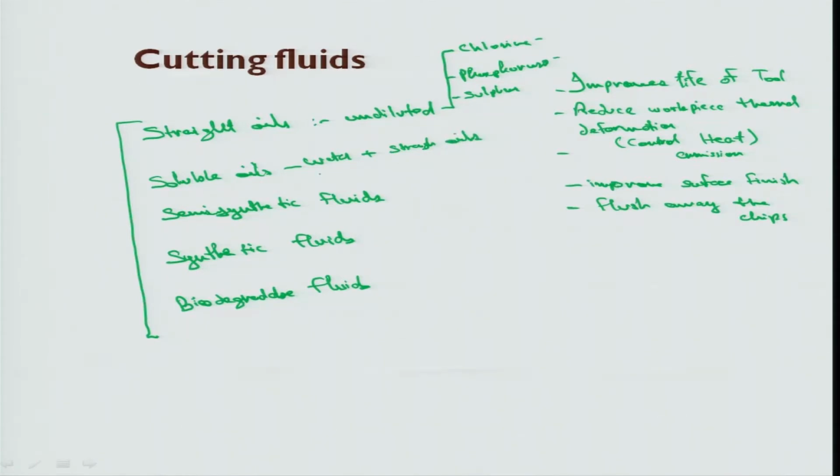Now these emulsions are made from alkaline inorganic or organic compounds along with certain additives that are used to reduce corrosion. So these are generally diluted in 3 to 10% in the water. They are widely used in industry and are the least expensive among all cutting fluids. So these are the major cutting fluids used in industries.